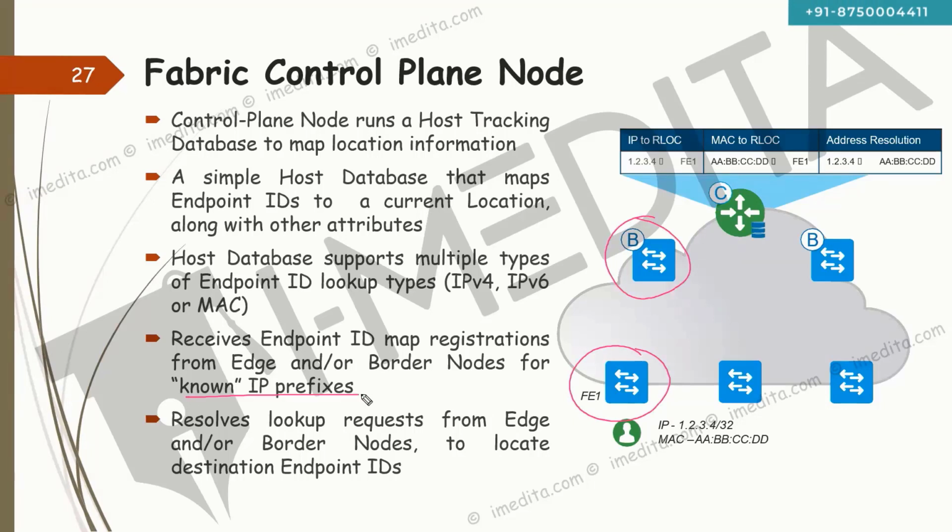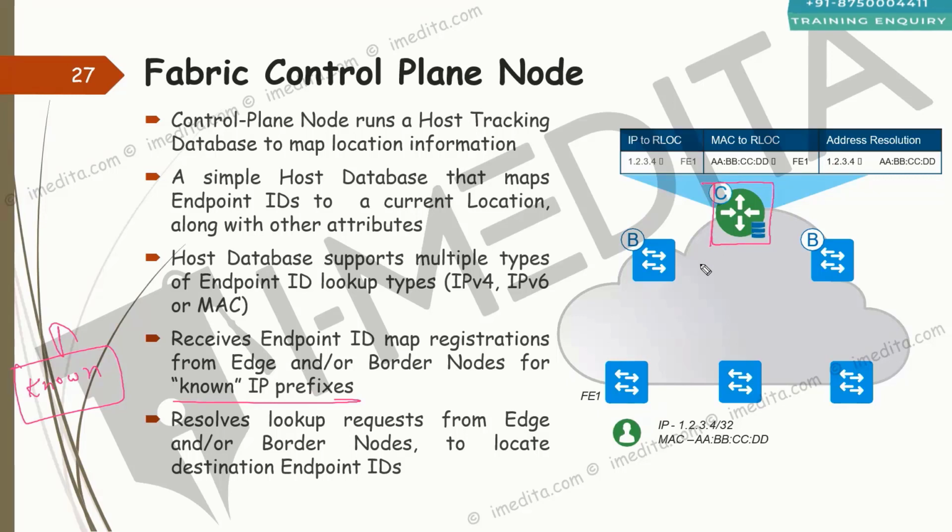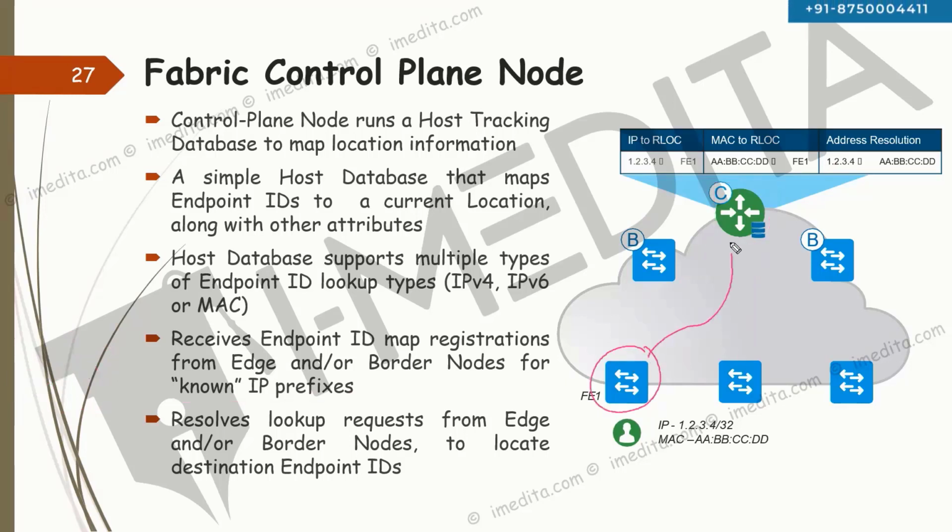For the known IP prefixes, all the prefixes that are known to our implementation, those will be registered on the control plane node by the border node and by the Fabric Edge node. And when the Fabric Edge node asks the control plane node about the RLOC of a particular IP, it is the responsibility of the control plane node to give that information to that particular device.